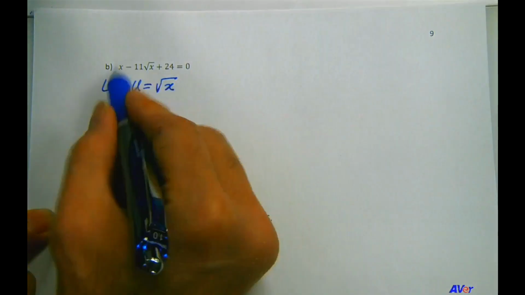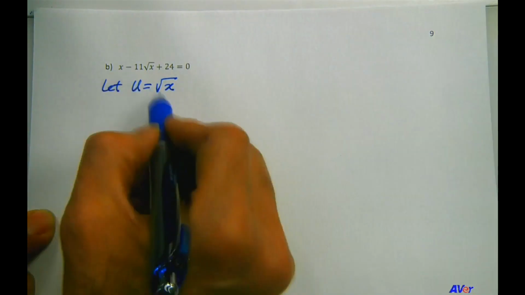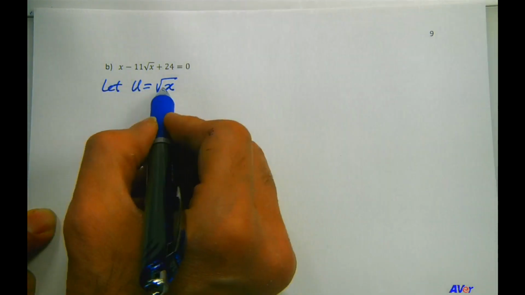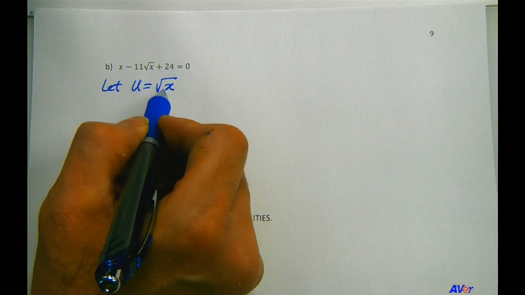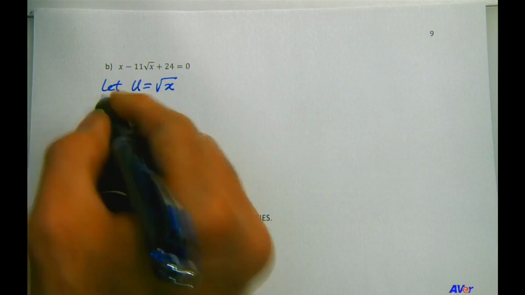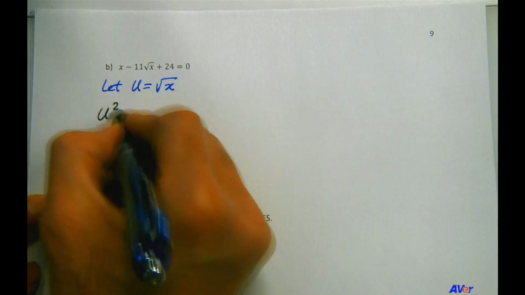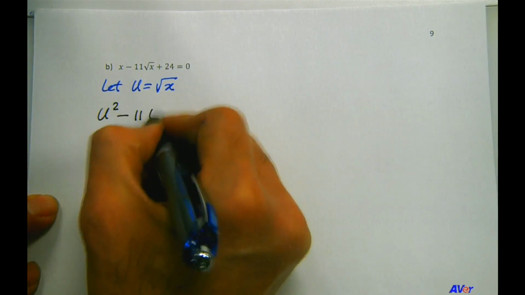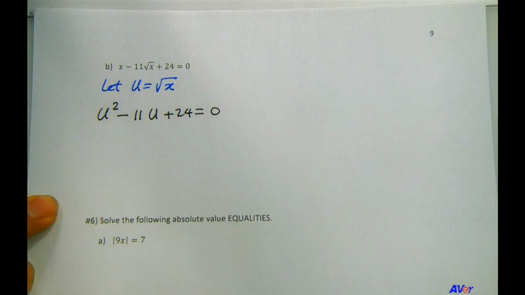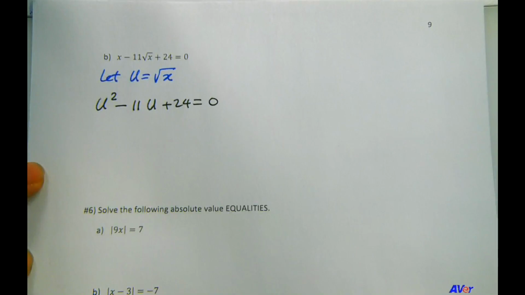Okay. Now we're going to substitute back in the equation with u instead of x. So if u is equal to square root of x, then x must be u squared. So u squared minus 11u plus 24 equals 0. Okay.